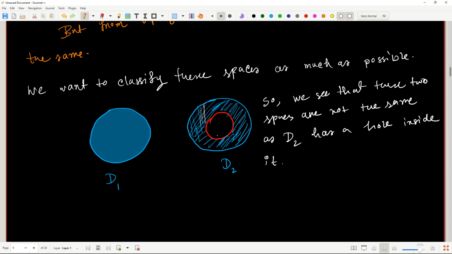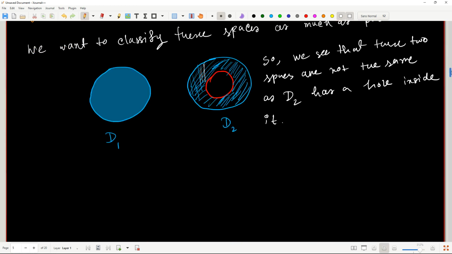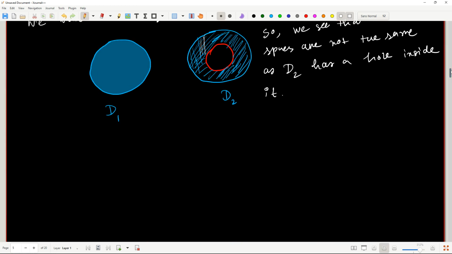So this is where this thing called algebraic topology comes in, and the reason it's called algebraic topology is because we want to associate some structures, some group structures to be precise, to this kind of spaces. These terms will get more clear as we discuss. So this is the motivation to study the topics that we are going to discuss right now, and we will start with a topic called homology.